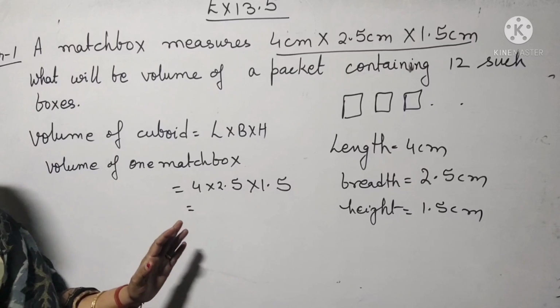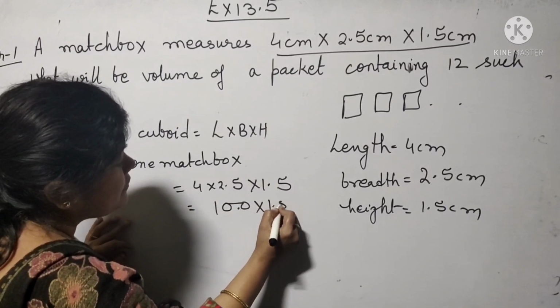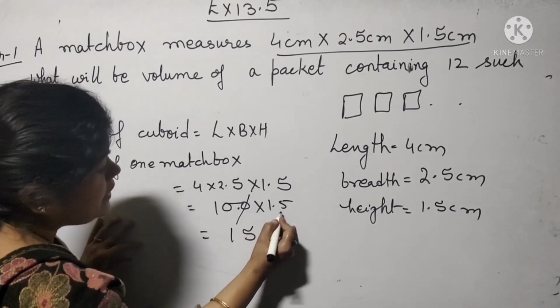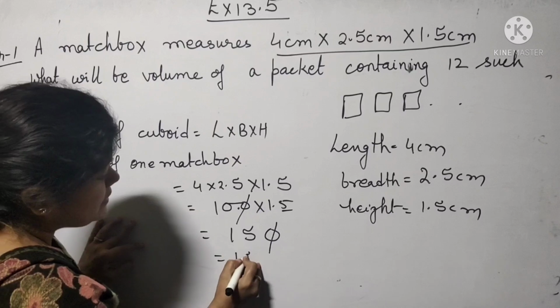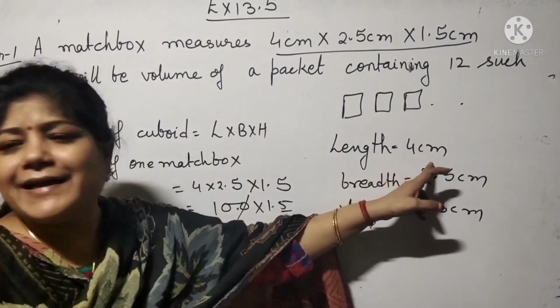Now we multiply. 4 times 25 is 100, into 1.5. This 0 gets cancelled. When we multiply this, we get 150. Now one decimal, this also gets cancelled. So 15.